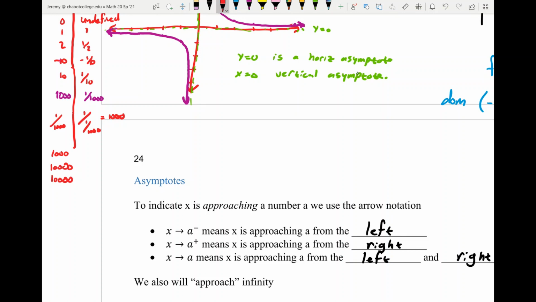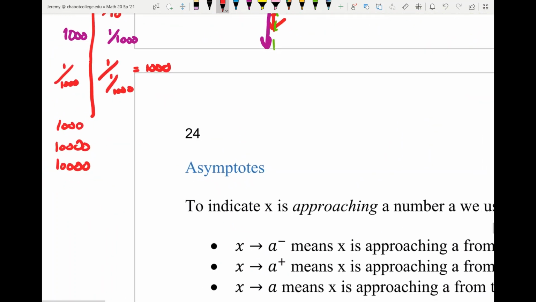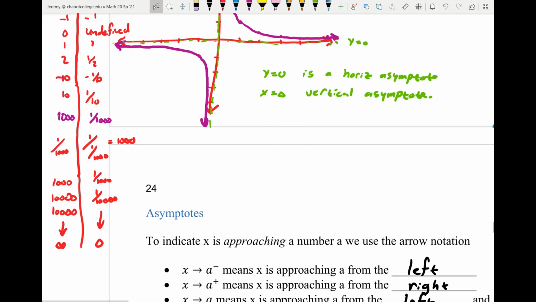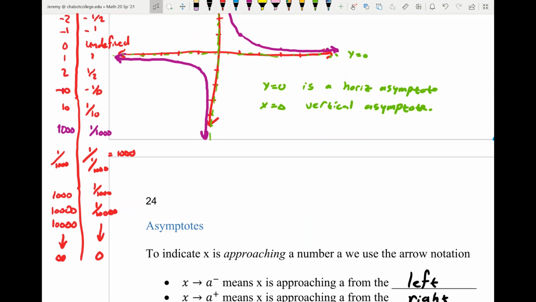Plugging in larger and larger values of x is like letting x go off to infinity. And we observe what happens. We got 1 over 1,000, 1 over 10,000, and so on, and these values are getting really, really close to 0. So that's why we ended up with a horizontal asymptote of y equals 0.